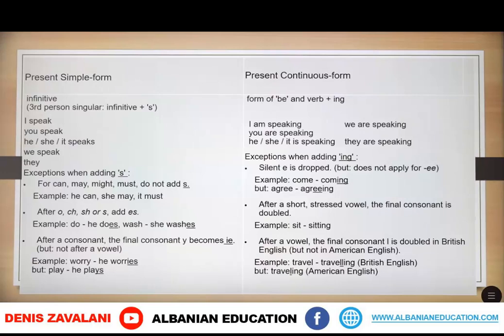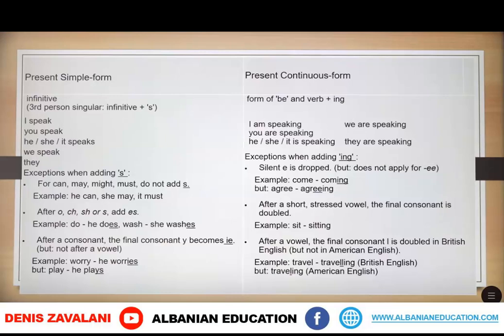So, present simple is formed by the infinitive or base form of the verb, and in the third person singular, the infinitive takes s or es. For example, I speak, you speak, he, she, it speaks. We speak, they speak.